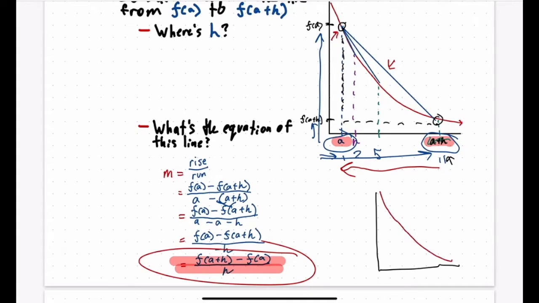Let's call this point right here A. We could consider where h is negative, so this point here is a plus h. And h is actually negative 0.1, or a negative number. And so the line between these 2 points, it still is approximating that tangent line at A, it's just coming from the other side.